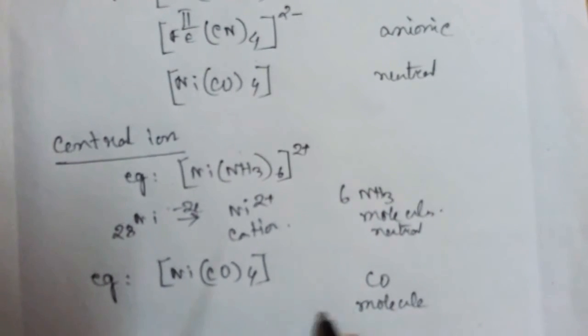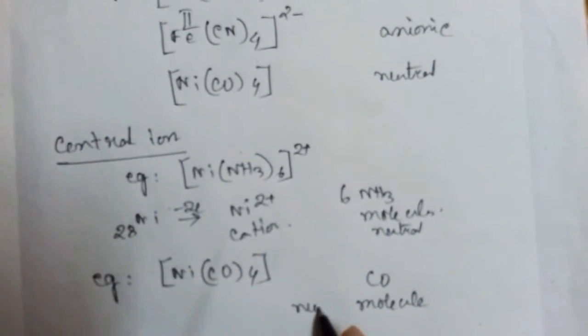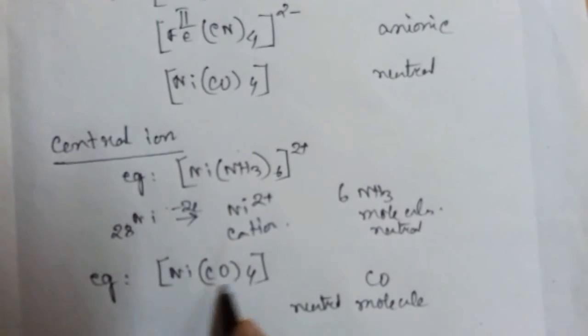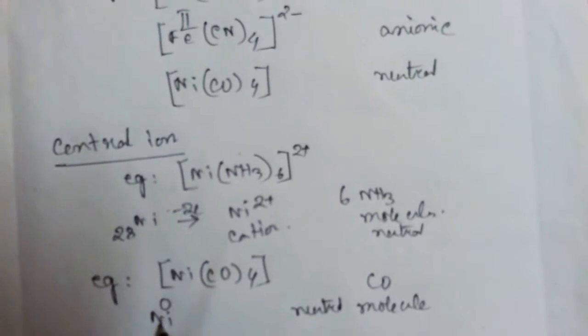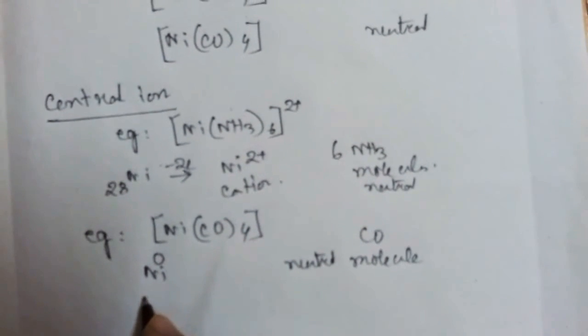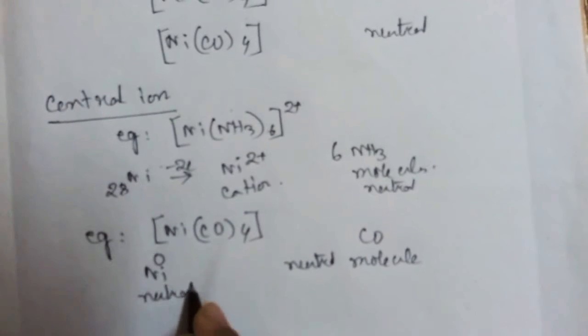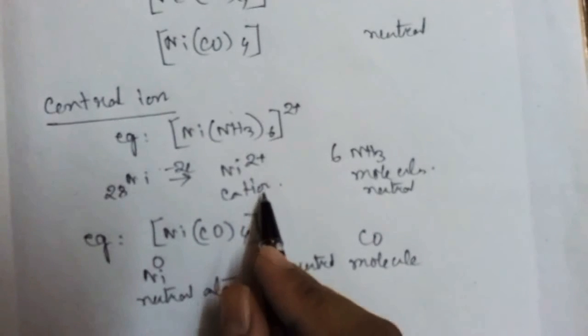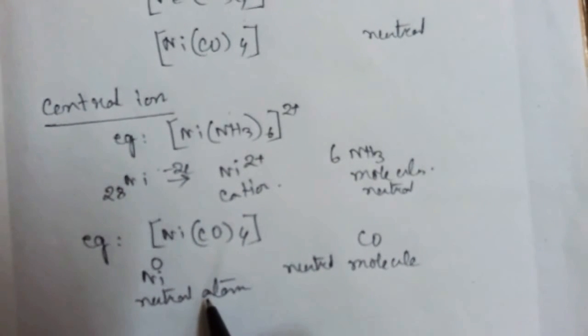This is not an ion, so this is a neutral molecule, and hence there is no net charge from carbonyl. Here nickel is in the zero oxidation state, that is, nickel is here a neutral atom, right? So the central ion could be a cation or a neutral atom.